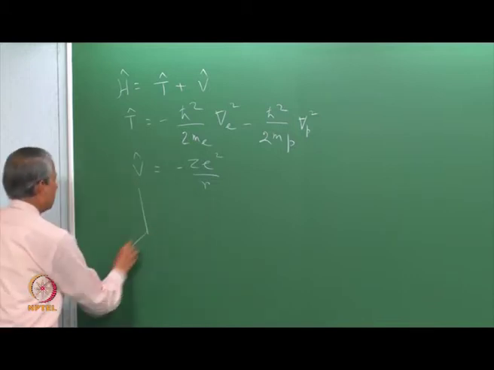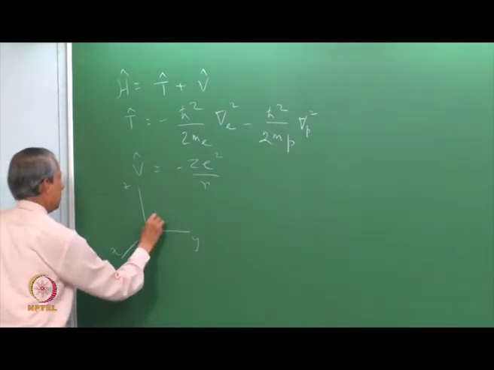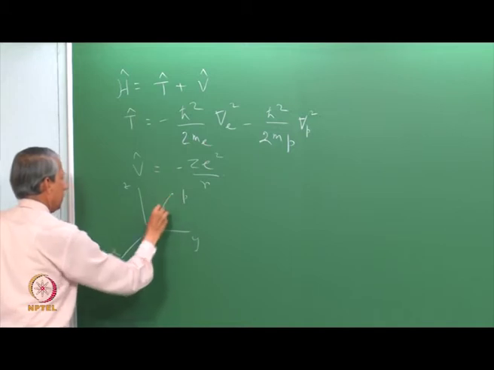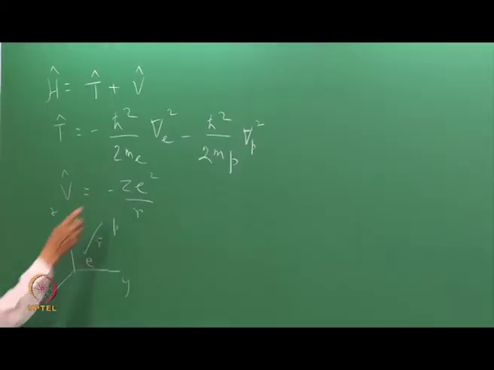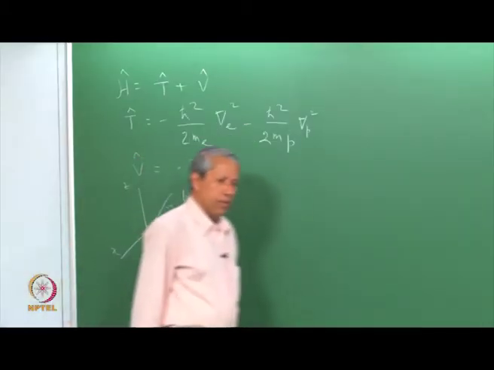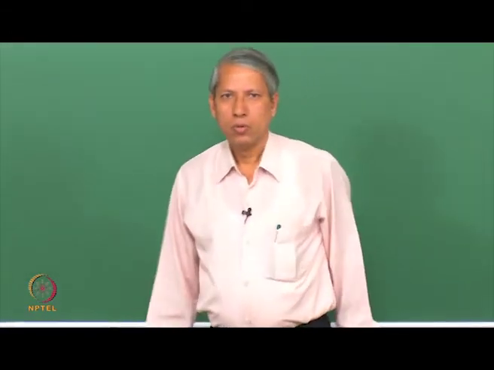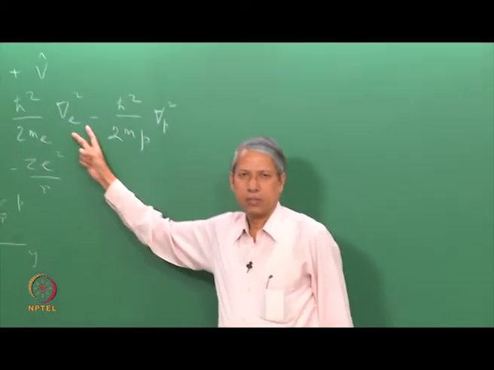So, in a particular coordinate system, if I have x, y and z, let us say here the electron is sitting, this proton is sitting, then this distance is r, and for each of these coordinates here and here I have got the corresponding operators.